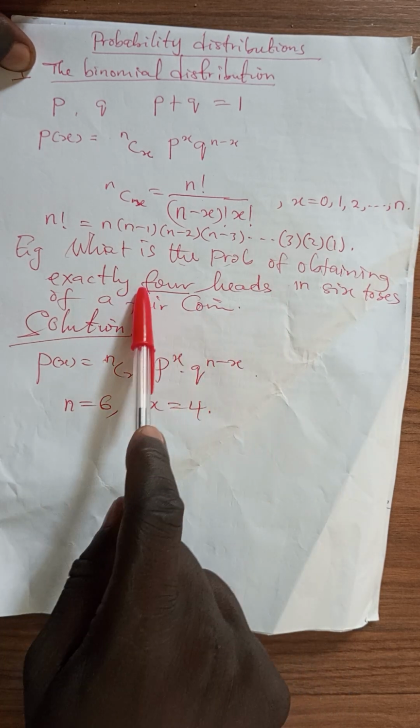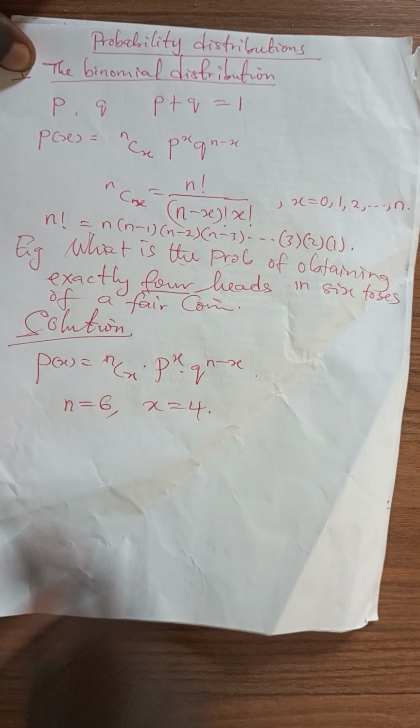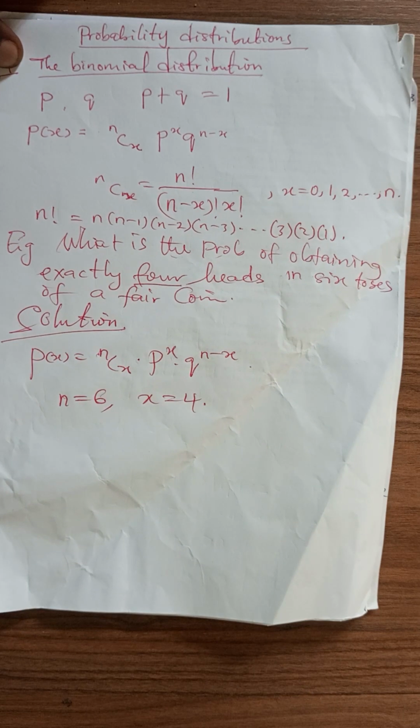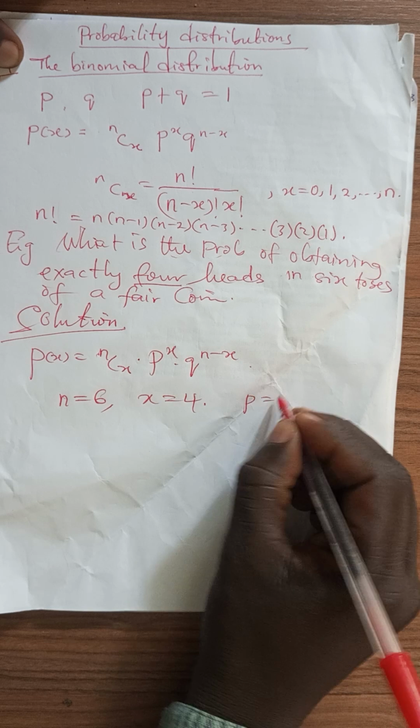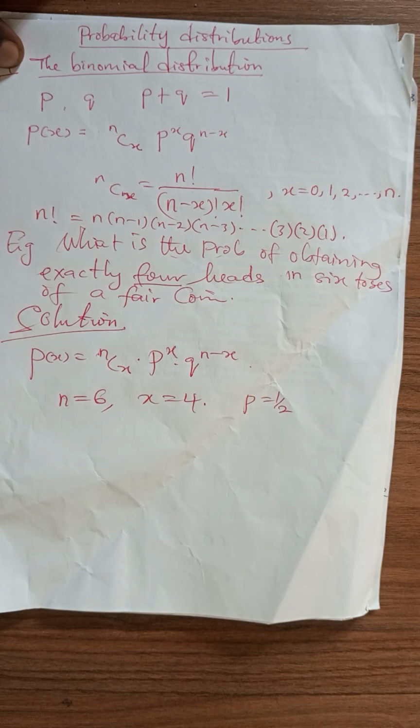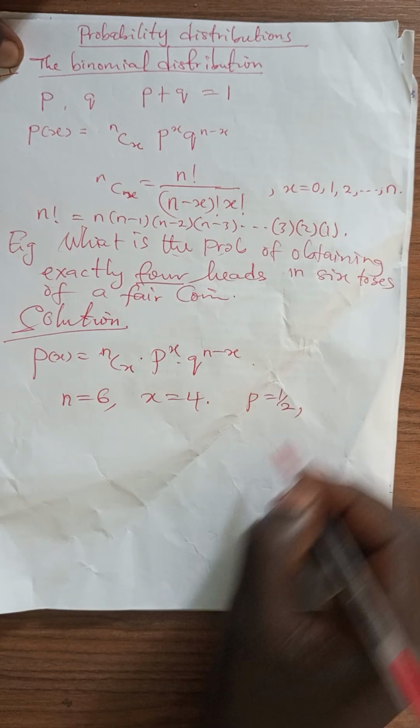Then the probability of obtaining a head in each trial: because a coin has 2 faces, it is either a head or a tail. So the probability of obtaining a head is always 1/2, because either a head shows up or a tail shows up.